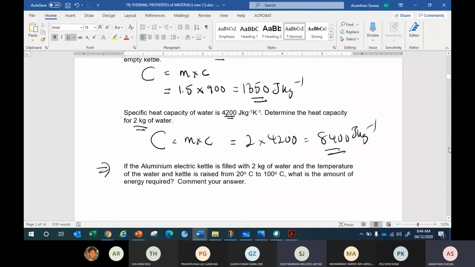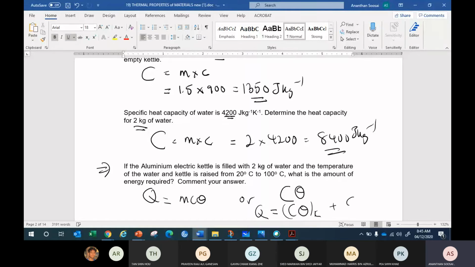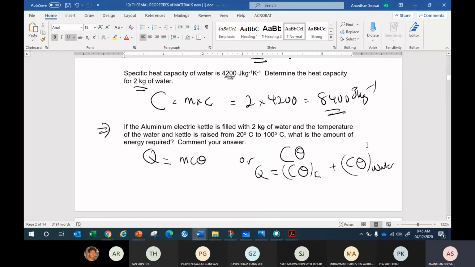So, what is the energy formula? Q equals, you can use mc theta if you want, or we can use heat capacity times change in temperature, because we already know the heat capacity for both of them. So the Q required is C theta of the kettle plus C theta of the water. Add them and you can get the answer.